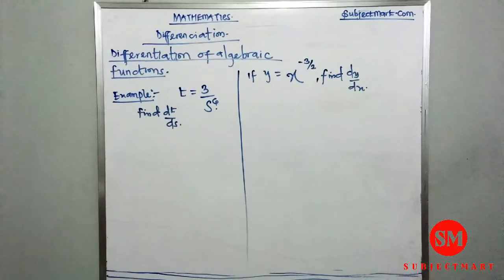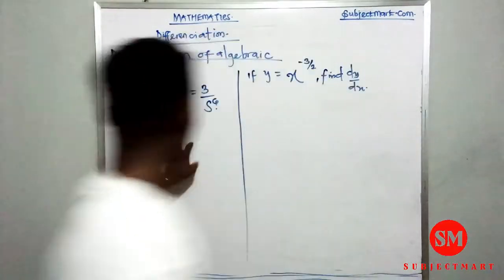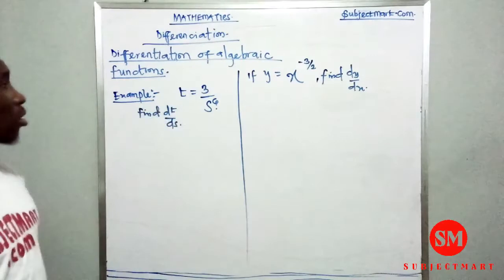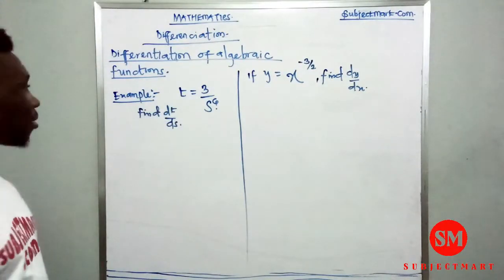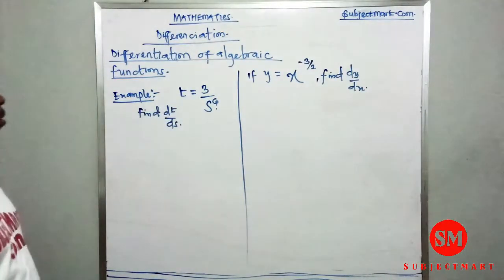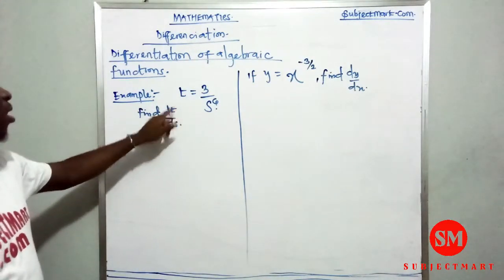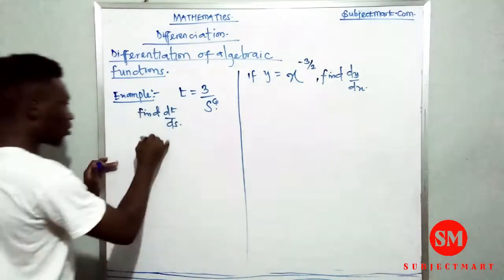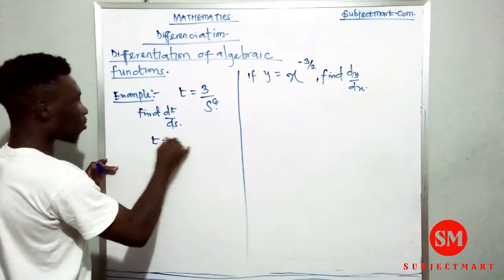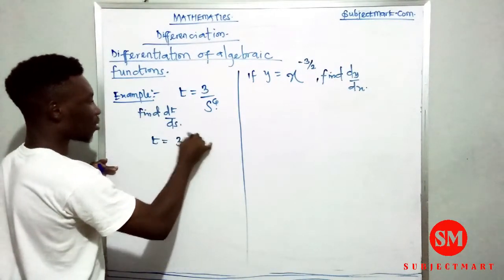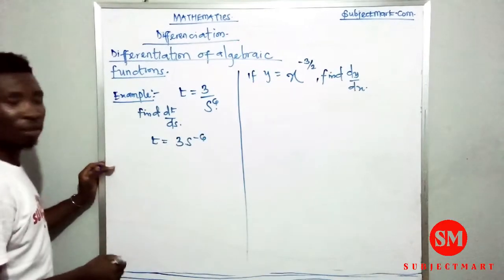Now, from there we have a question here. This says that t is equal to 3 over x raised to the power 6. Find dt/dx. Now what are we doing? We're differentiating t with respect to x. So t here is equal to 3x raised to the power minus 6, which is a negative reciprocal.